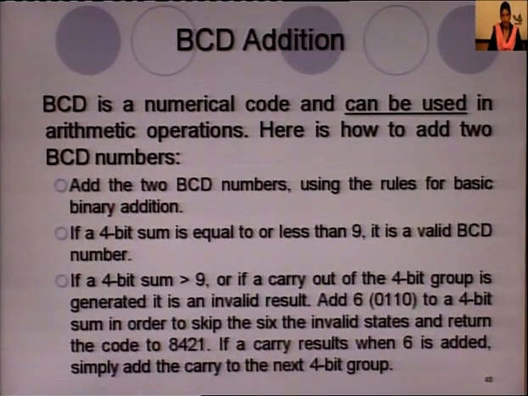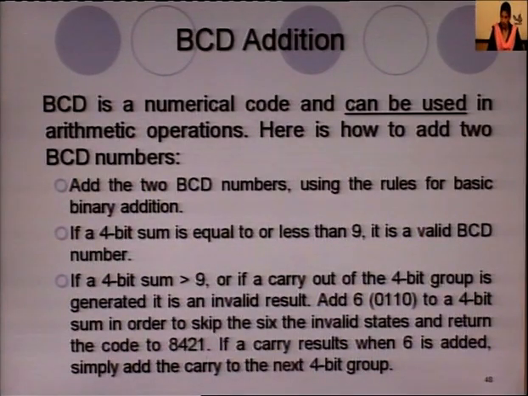To remove this problem, we will add 6 to the 4-bit sum in order to skip the 6 invalid states and return the code to 8421.